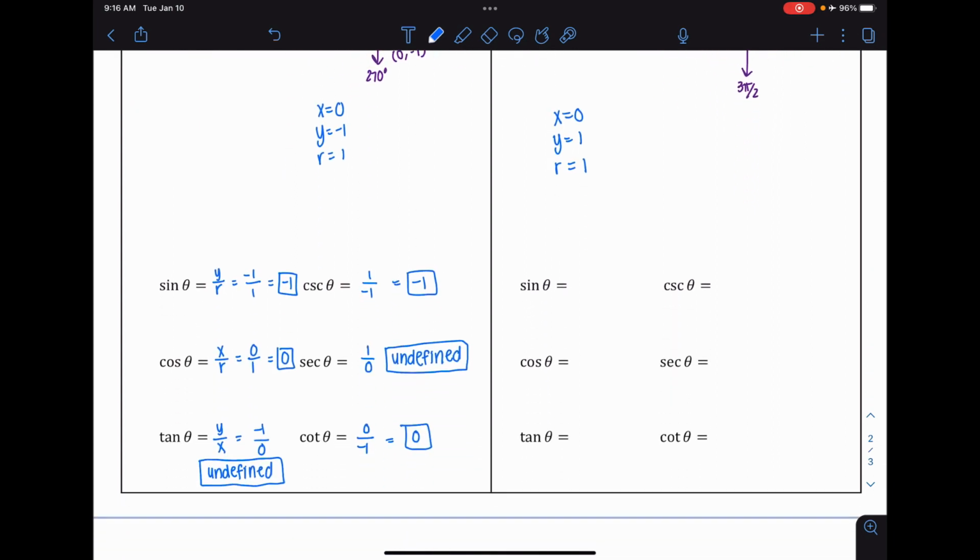So filling this out, I have sine of theta is y over r, and y is 1, r is 1, so I have 1 over 1, which is just equal to 1. Cosine of theta is x over r, which is going to be 0 over 1, which is equal to 0. And then tangent of theta is y over x, which is going to be 1 over 0. But remember, we can't divide by 0, so this ends up being undefined.